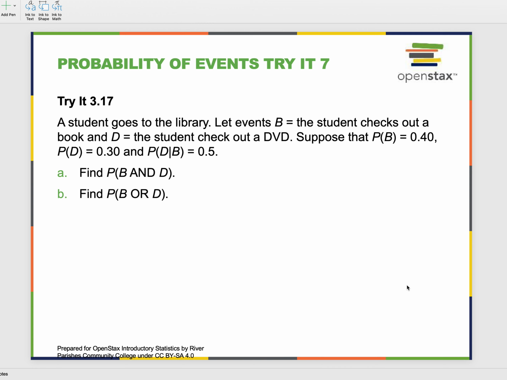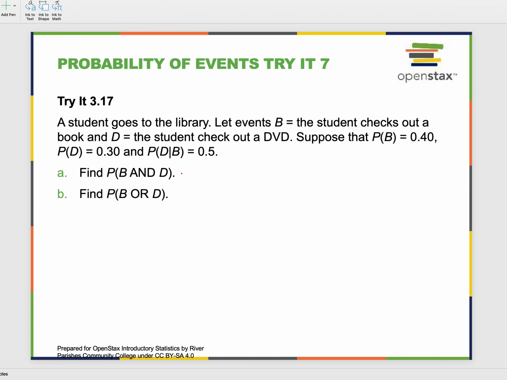A student goes to the library and checks out a book. That's the event B. Probability D, same stuff we did before. The student checks out a DVD, and that's 0.3, and the probability of D given B, the probability that they check out a DVD given they checked out a book, is 0.5. So what's A and B?